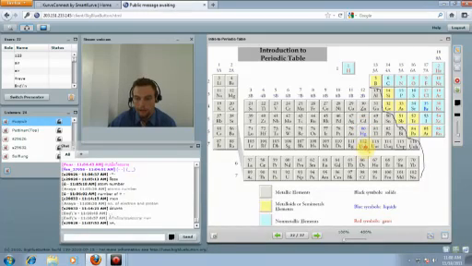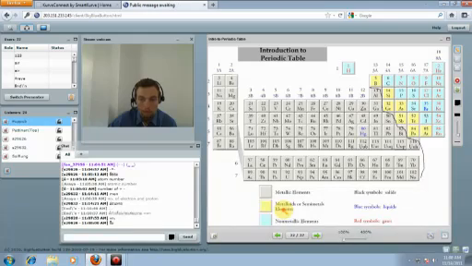And you have metalloids or semi-metals in yellow, and this just means that they kind of act like metals, but they're not really good at being metals. So we'll talk about what it means to be a metal a little bit later, but these guys are kind of in their own group because they're not very good at being metals.